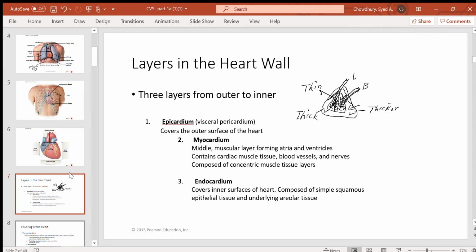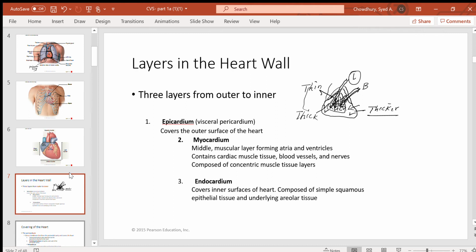Distal parts of the body too. So it needs to contract more forcefully than the right ventricle, because right ventricle sends the blood where? To the lungs, and lungs are just next to the heart, right? So not too far. So that's why left ventricular wall is much thicker than the right ventricular wall.